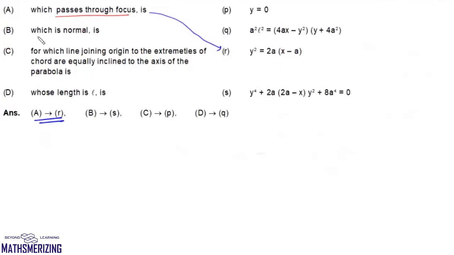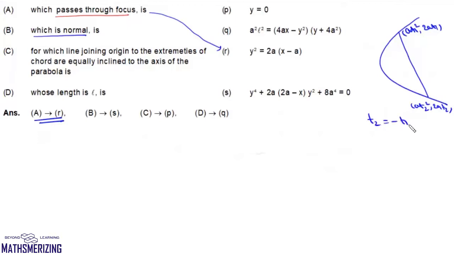Now the second question is, we need to find the locus of the midpoint of a normal chord. So we have this parabola and then we have this normal chord, with endpoints a t1 square, 2a t1 and a t2 square, 2a t2, and for a normal chord we know that t2 is minus t1 minus 2 upon t1. We need to find the locus of the midpoint. Say it is alpha and beta.